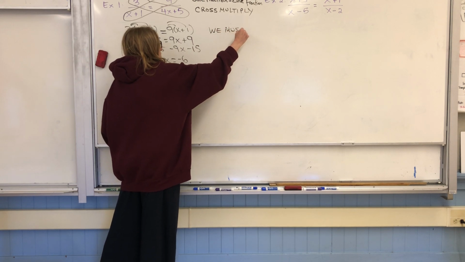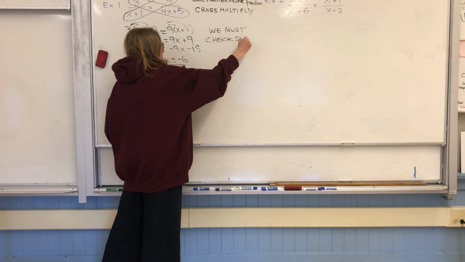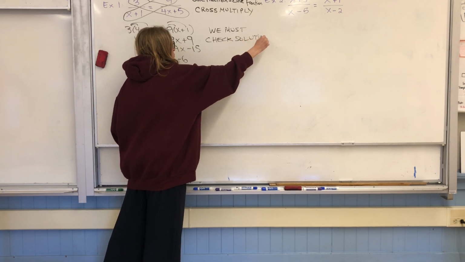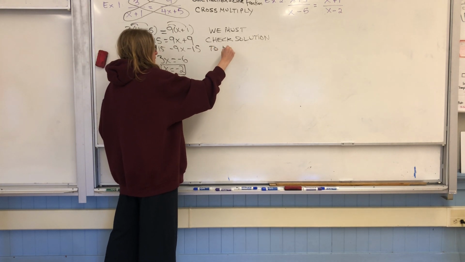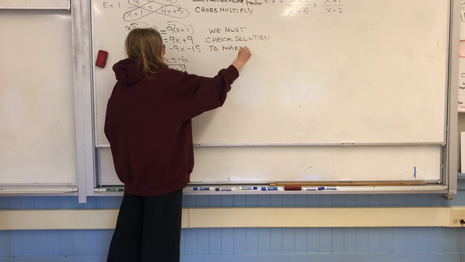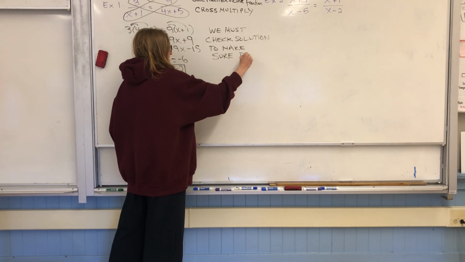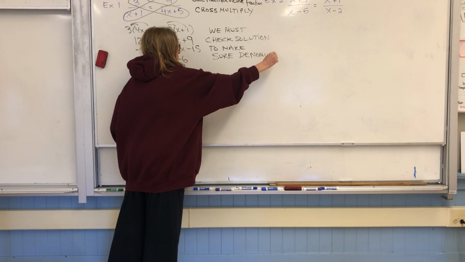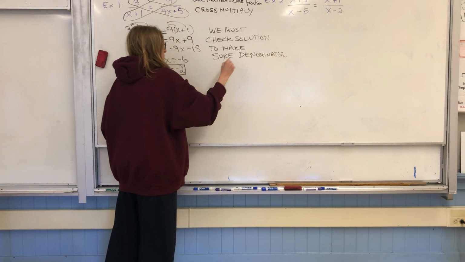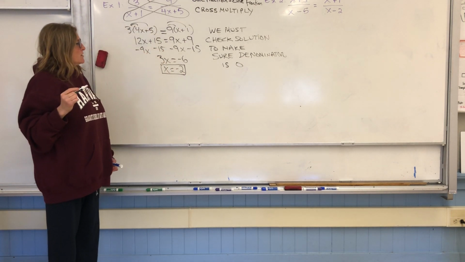We must check solutions to make sure there is no denominator equal to 0. Okay, so I'm just going to write this because it's very important. I can spell denominator. Okay, so we can't have a 0 in the denominator.